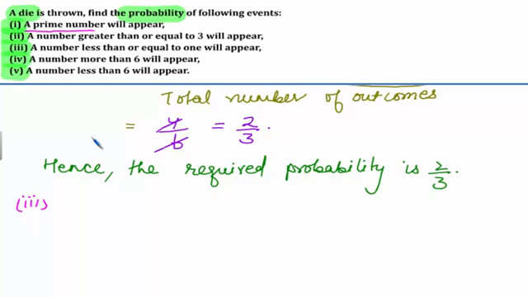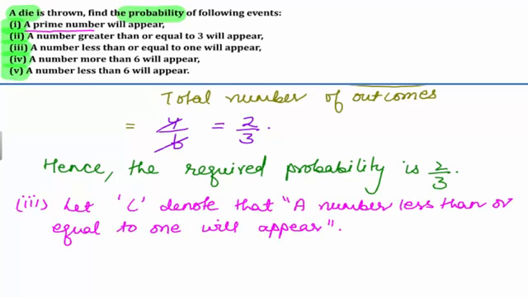In the third part, we have to find the probability that a number less than or equal to 1 will appear. So let C denote that a number less than or equal to 1 will appear. So the set C will have only one sample point, and that is 1.